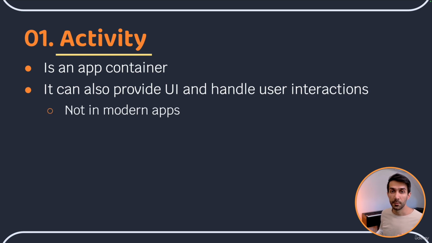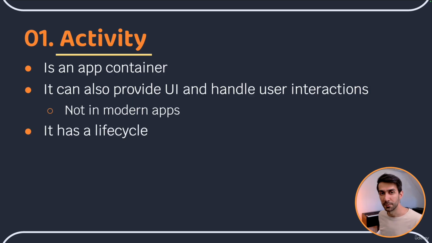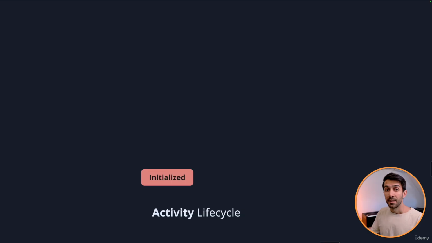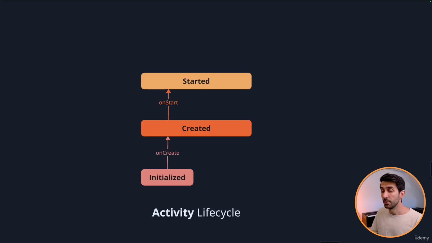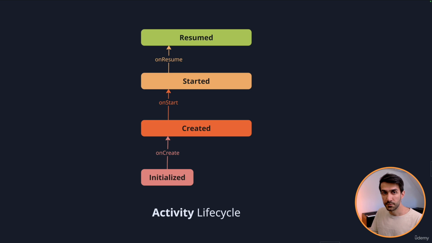Another important thing about activities is their life cycle. Life cycle of an activity is kind of like a day in the life of a person. So just like when a person wakes up, goes to work, comes back home, watches Netflix and sleeps, something like that. Activity lifecycle in a nutshell looks like this. Activity is created, started, and resumed.